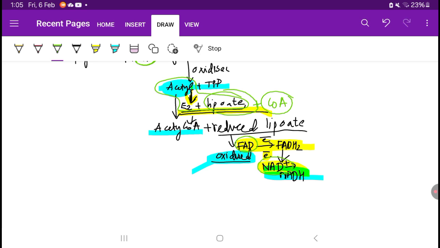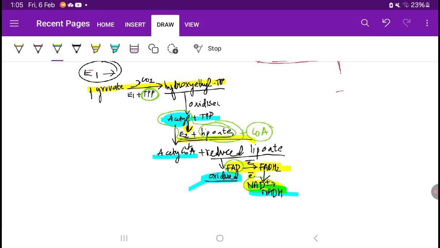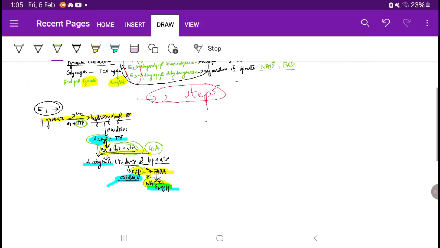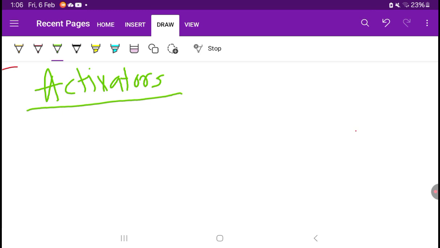Okay. And there are inhibitors and activators of this process. First we can write activators, which activate this process.